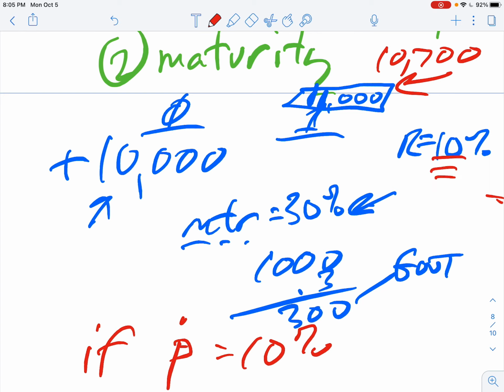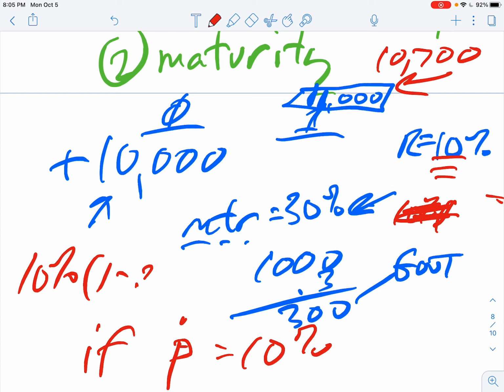Yes, you were earning a nominal rate of 10%, but in after-tax terms, you were only earning 10% times 1 minus the decimal equivalent of 30%, which is 0.3, which is equal to 7%. And that's why you only got $700.